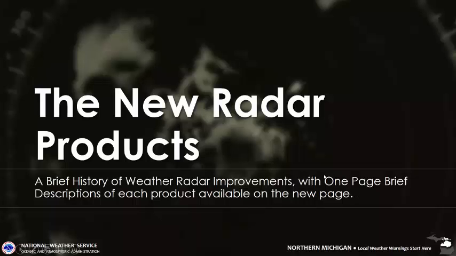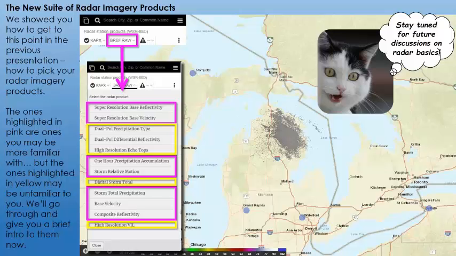Now we're going to take a look at some of the new radar products that are going to be available to you with the new radar page. If you watched part 1, you saw how we got to the point of getting to the single radar. As you can see here, it's a KAPX Gaylord radar, and that's what's showing up in the background here.